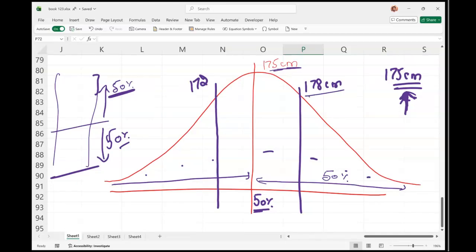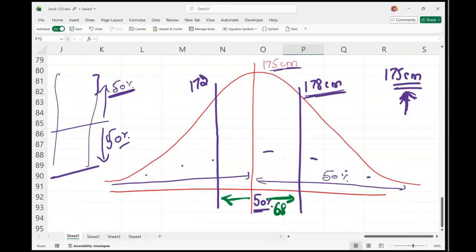But the moment you go to 178 centimeter, if I wanted to find out how many Canadian men, according to the sample you collected, are taller than you, then you can say approximately, let's say this is the middle 68%.